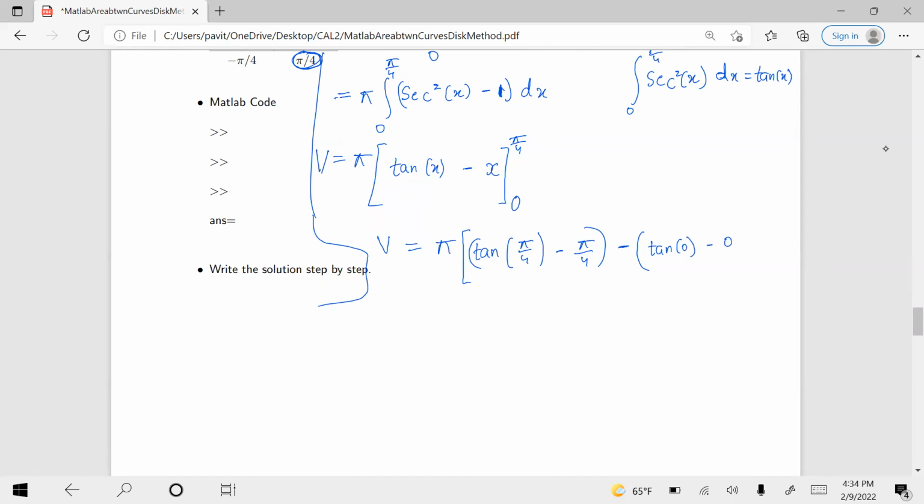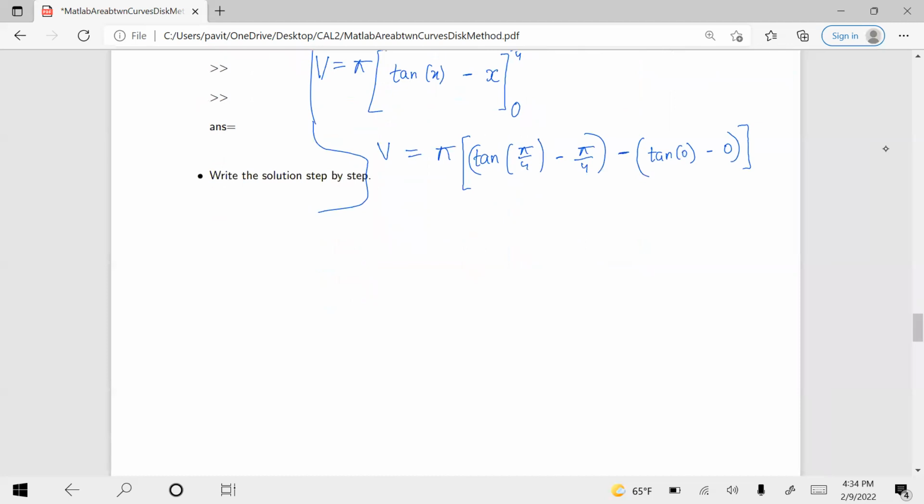Tan of 0 is 0, minus 0. So the volume is pi.